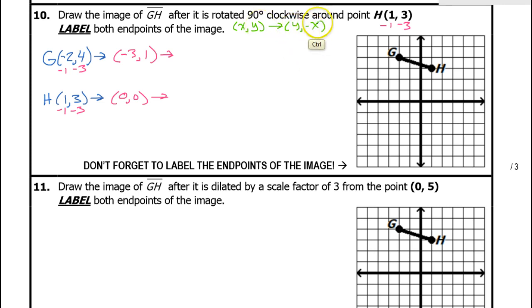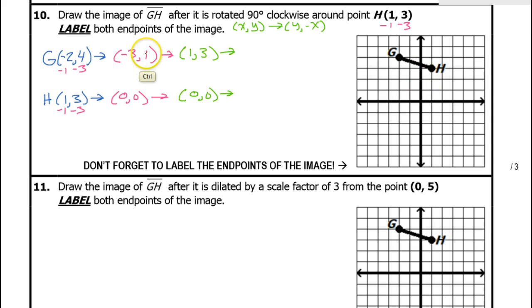So we reverse them and change the sign of the x value. That's what we'll do now. Of course that won't do anything to 0, 0, which makes sense because that's the center of rotation, so that's not going to move.